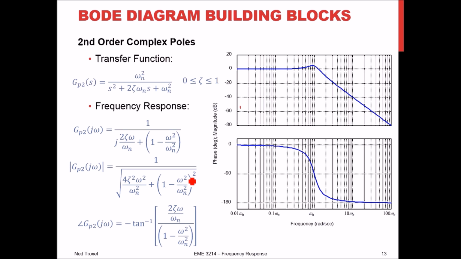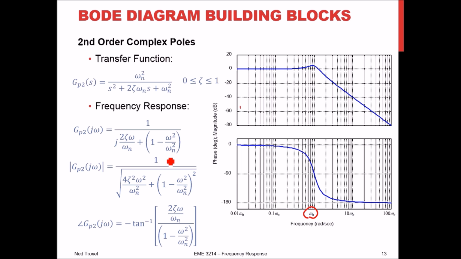All right. So what does this look like? Well, around this frequency of omega n here, we see some interesting things happen. The real part of this actually goes to 0. And since the real part goes to 0, we're looking at tangent inverse of some non-zero part here.